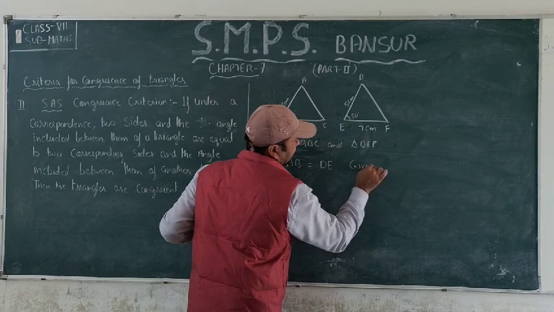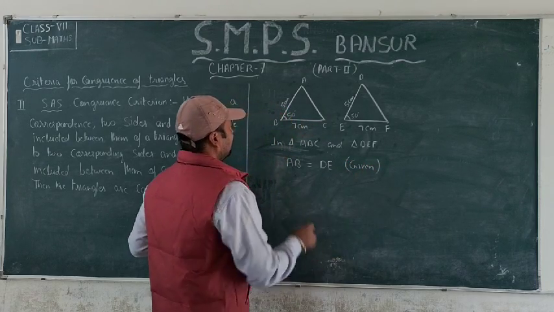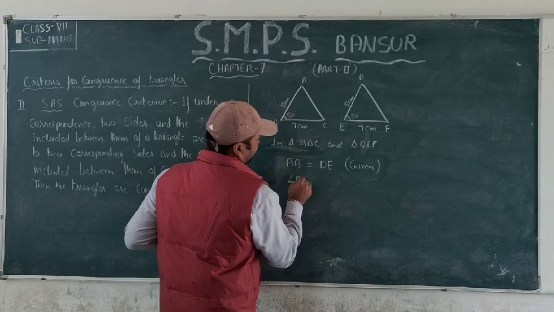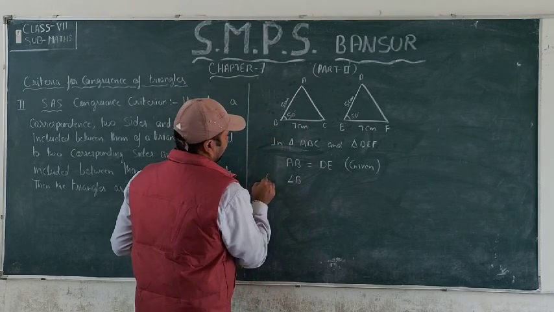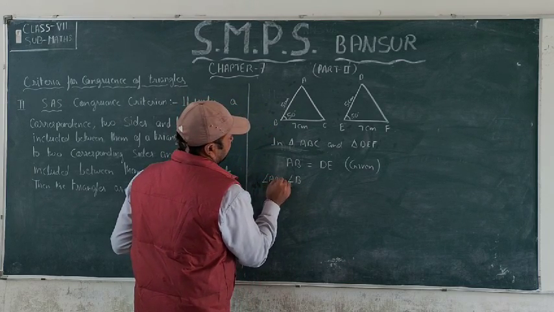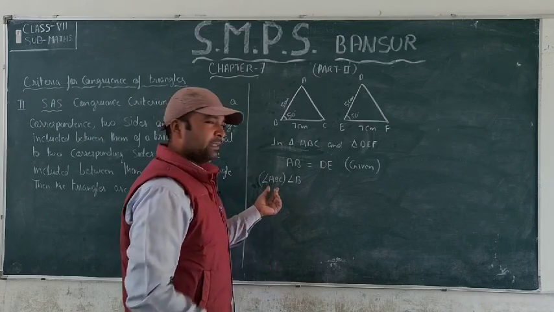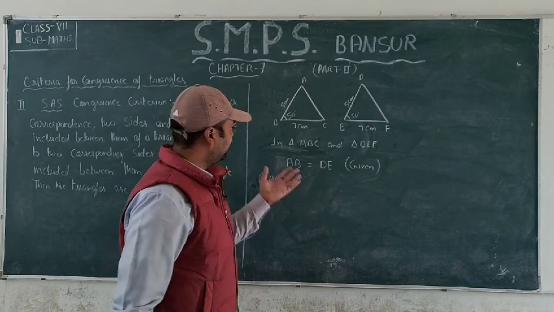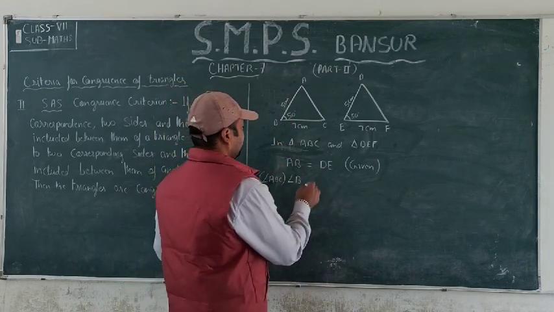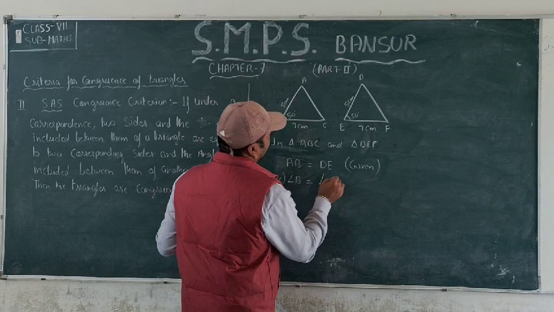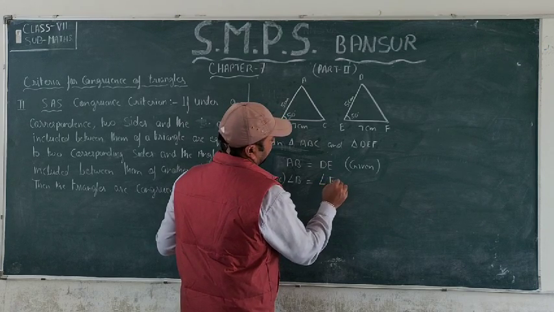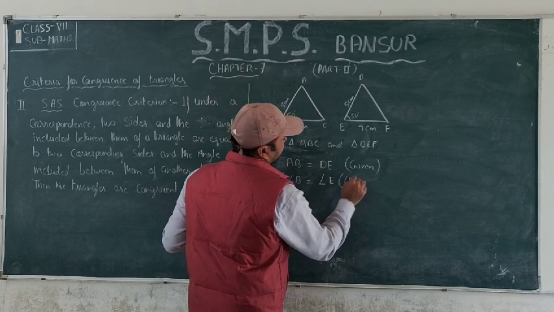We have to mention the reason also: it is given. Then angle B, which you can call angle ABC, the complete name is ABC, and you can write B because there is no other angle here, is equal to angle E, and you can call it angle DEF.